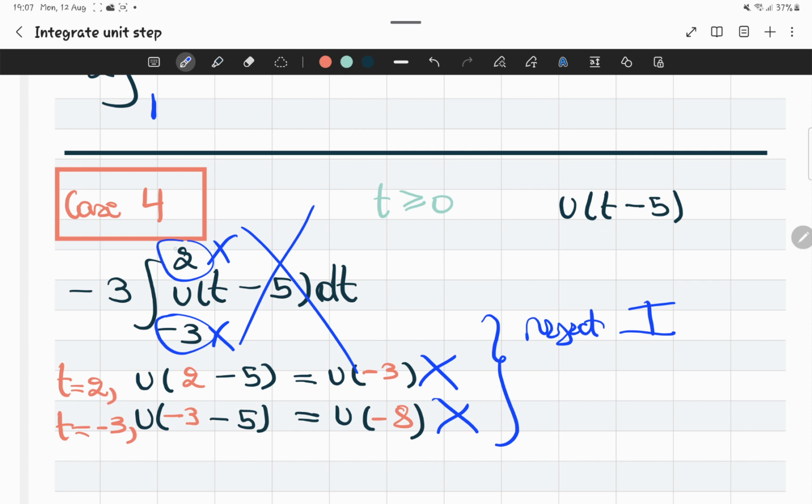Unless this interval was valid, but in this case it's not valid.